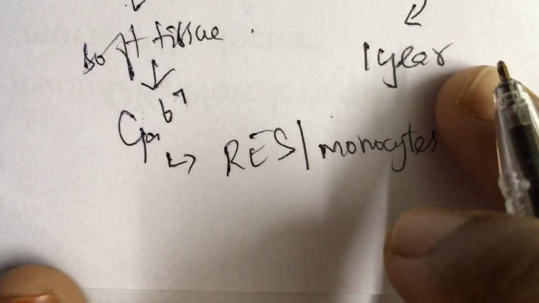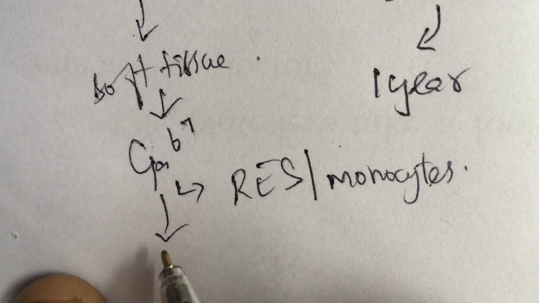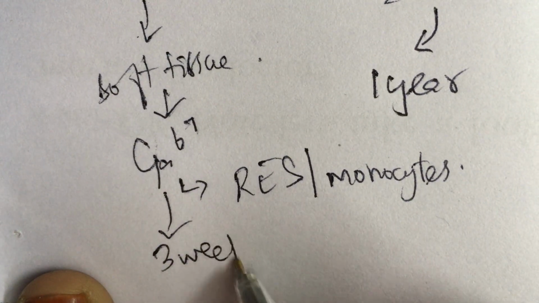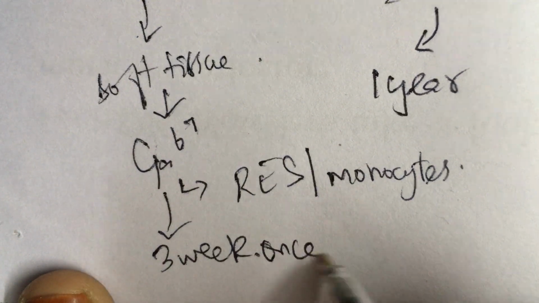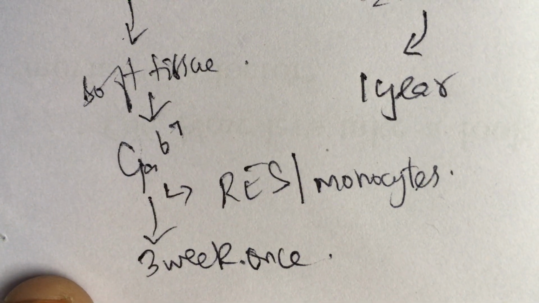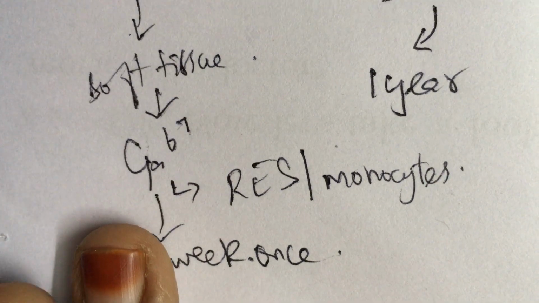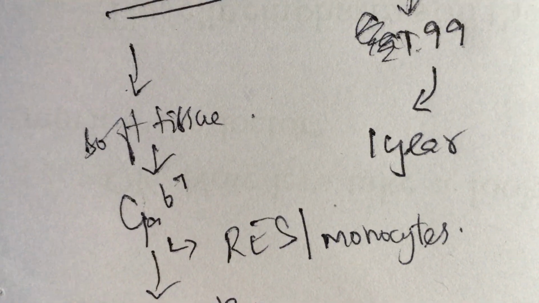However, gallium-67 can obviously be used for monitoring. Once in a 3-week period, we would advise the patient to get checked with gallium-67. So with this, we'll move on to the treatment.